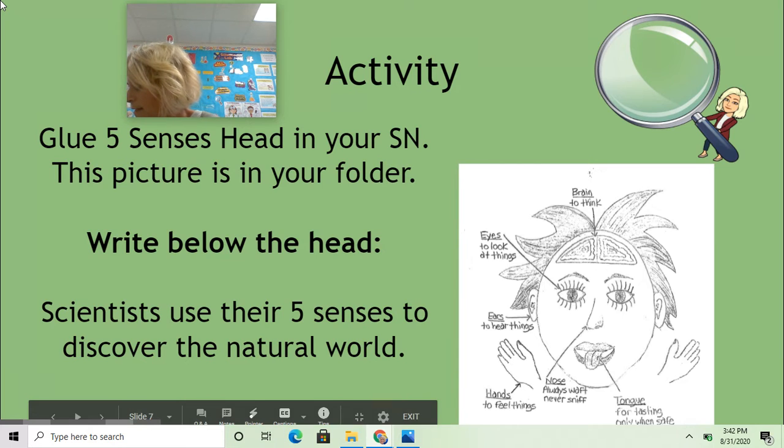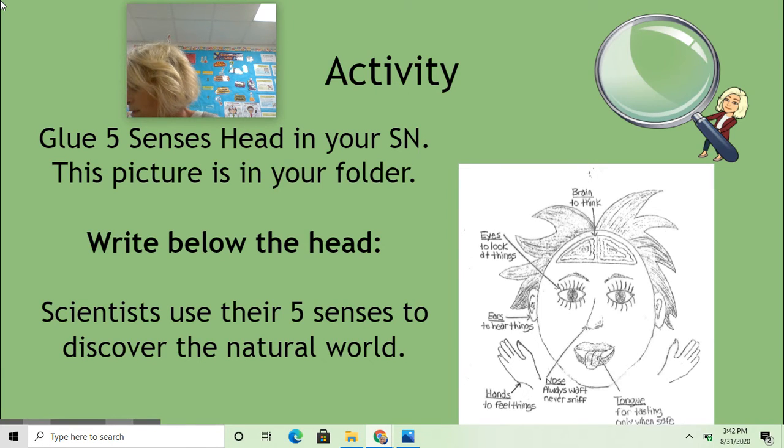Scientists, and I'm writing right now, use their 5 senses to discover the natural world. So just the world around us.